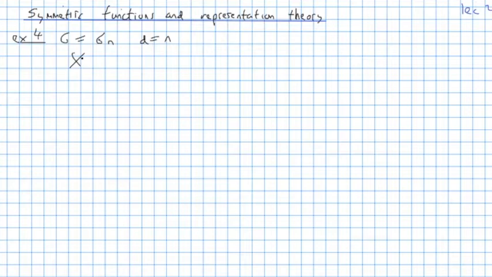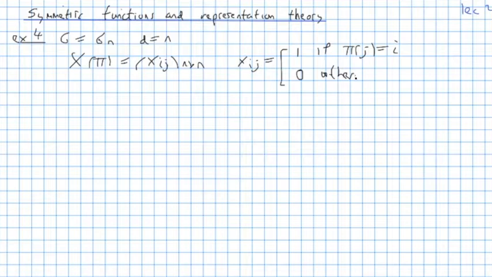So if we send the permutation pi to the n by n matrix X_ij, such that X_ij is 1 whenever the permutation sends j to i and 0 otherwise. Okay, so I just get the permutation matrix. This is called the defining representation.